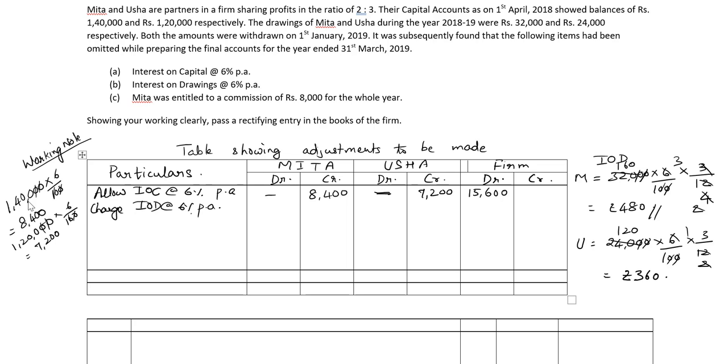Now for charging interest on drawings, I need to debit the capital accounts and credit the firm. So I'll debit Meeta with 480 rupees. I'll debit Usha with 360 rupees. And I will add both of them up and credit the firm with 840 rupees.